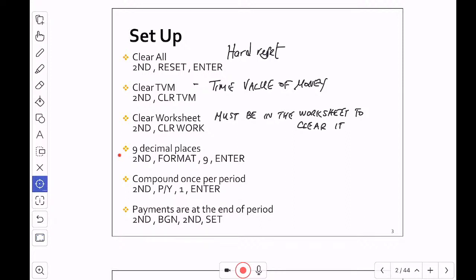So our calculator is currently in the factory settings with 2 decimal places. Now that's not enough. For this class we need to retain the decimal places. In fact, I'm going to ask you not to round any intermediate calculations.